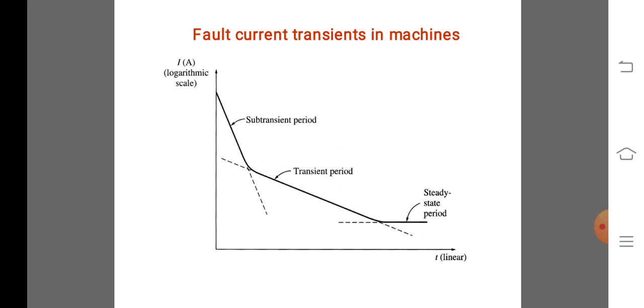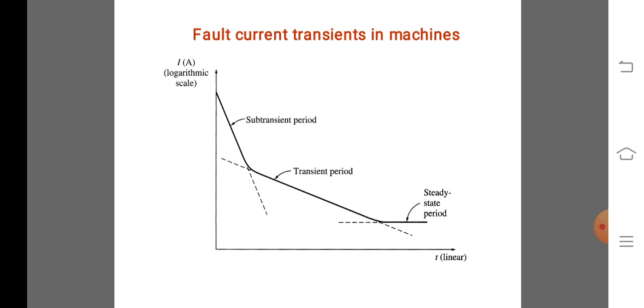So this is the fault current transient in a machine. We have three fault transient periods: the subtransient period, the transient period, and the steady state period. Those periods are marked on this graph having two axes.